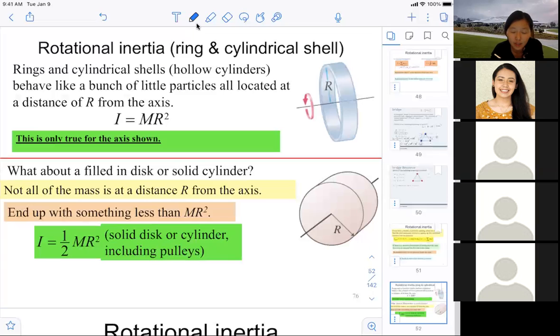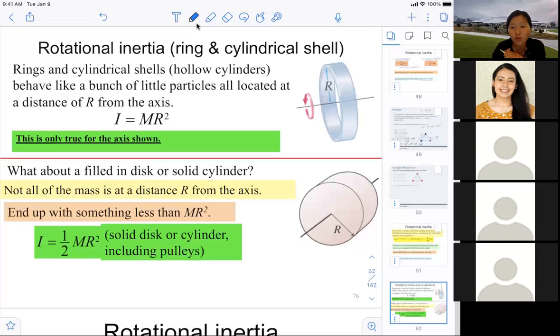It can be anything. We're going to show you the formula for various shapes, and we're not going to require you to derive that. You can always check the table or look up these different formulas. But I think it would be good to at least understand qualitatively why these formulas make sense.